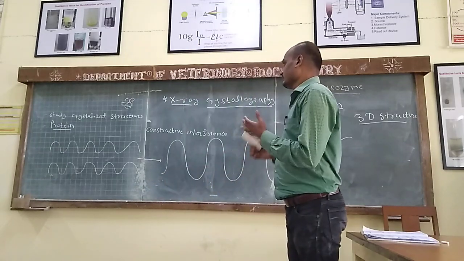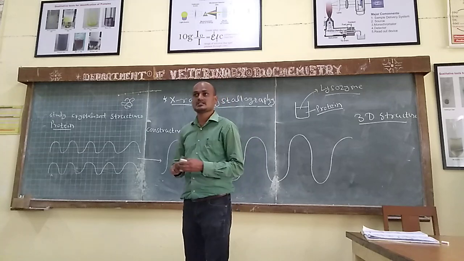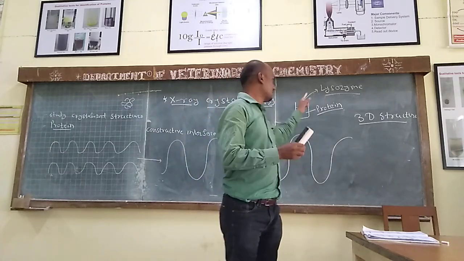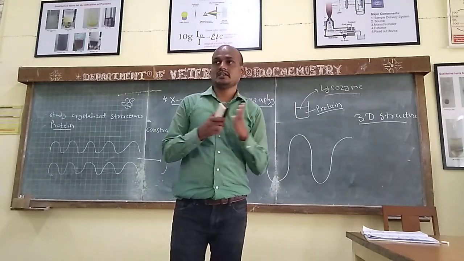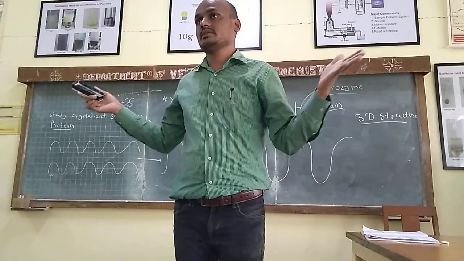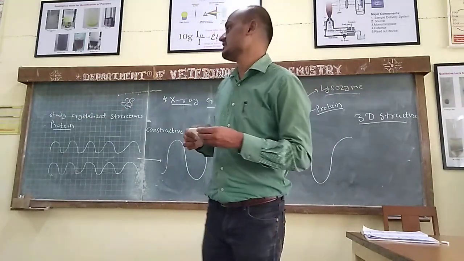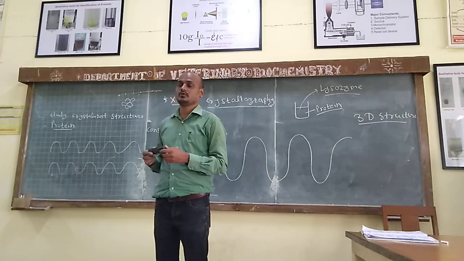But X-ray crystallography is a study of the crystallized structure of the protein. So what is the first requirement? We have the protein with us. The primary chain of amino acids joined together is the primary structure of the protein.